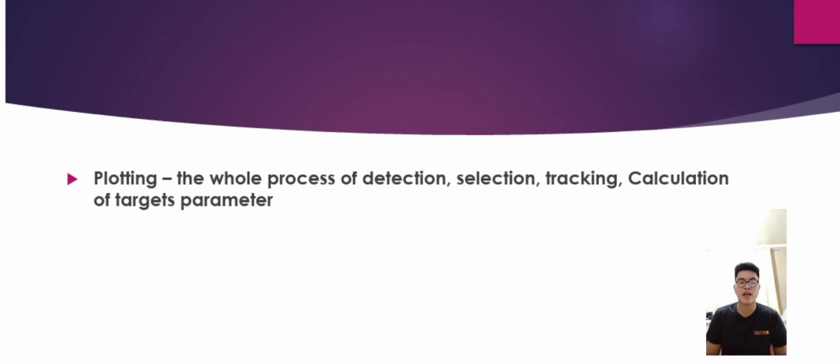Just imagine one of your radars stopped working in the middle of the sea. Plotting is an alternative for ARPA when it is not working. That's how important plotting is to master in the navigation of the ship.